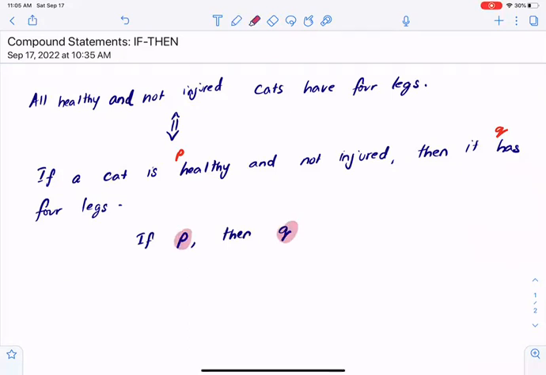So if P, in other words, P must happen, condition, Q is whatever consequence of that condition.